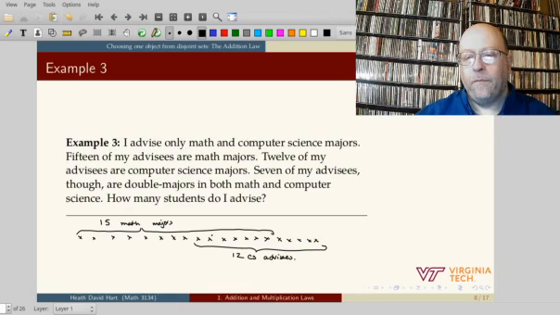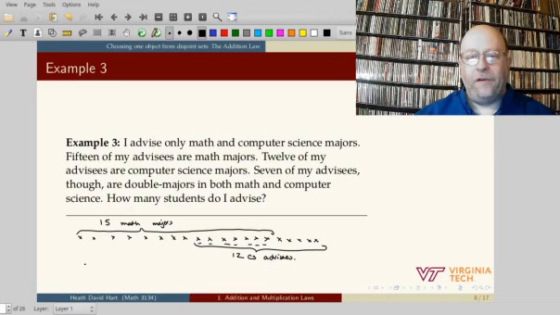And these count the 7 that are double majors. And so I can't just add 15 and 12 and 7, or even just 15 and 12. I have to identify that 7 of these advisees have been counted in both lists.